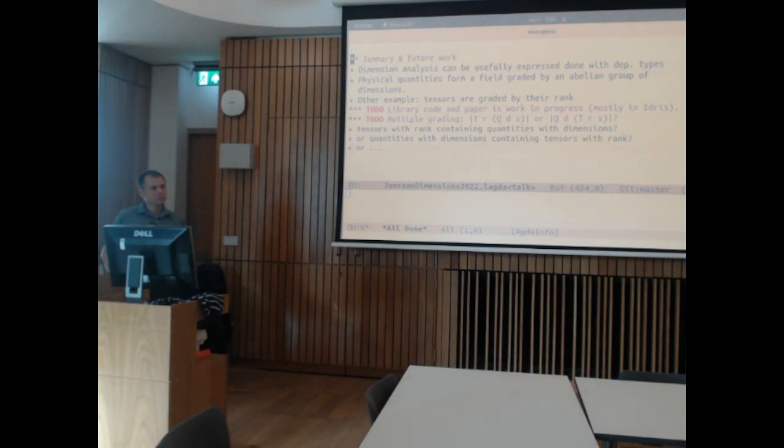And you could organize them in a category as objects, and then your morphisms would be a base change, right? Then you would get a bit of a different formalization, I guess, like the concept of a base change.